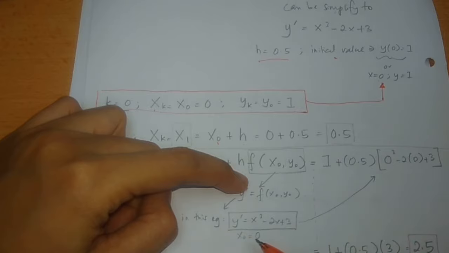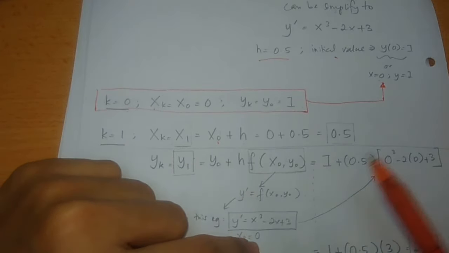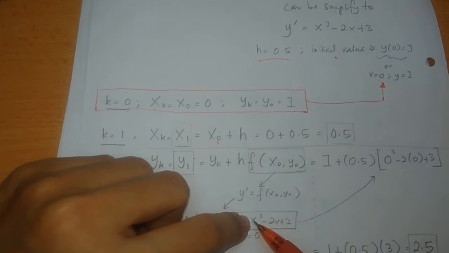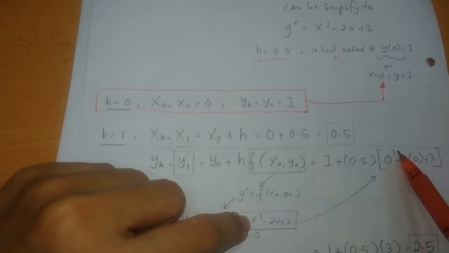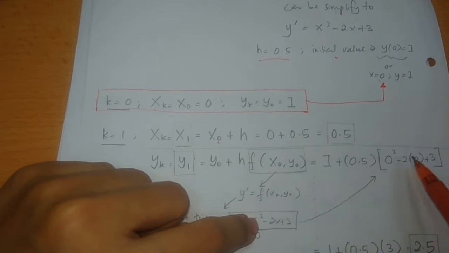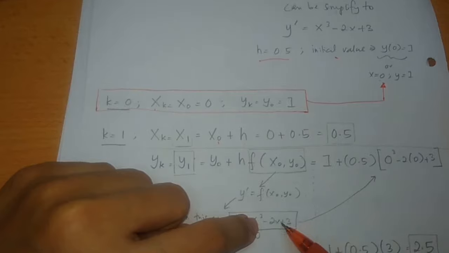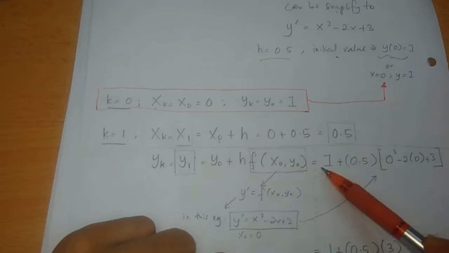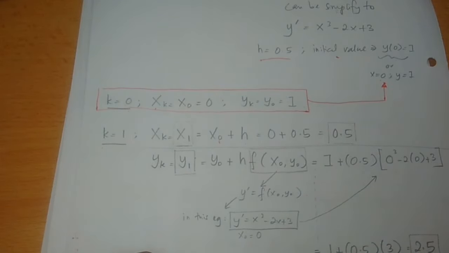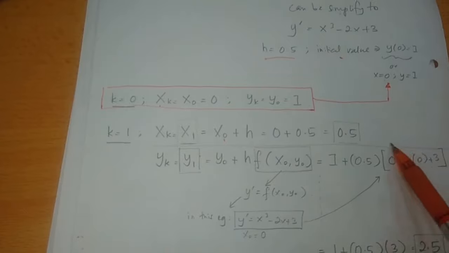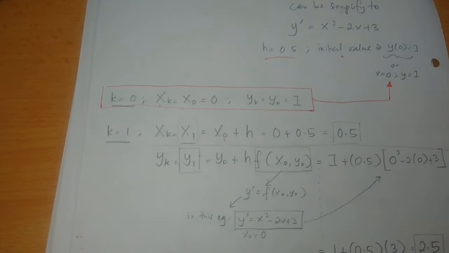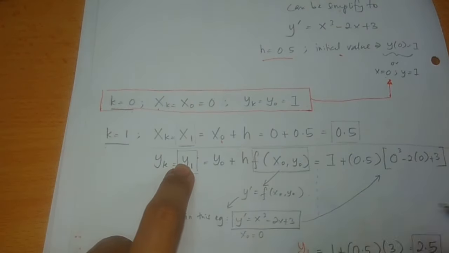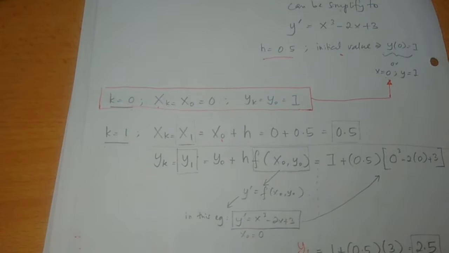Because x0 is 0, we've got x cubed, so 0 cubed, minus 2x, so minus 2 times 0, plus 3. Therefore we've got 1 plus 0.5 times this whole thing, and when you solve it, you've got 3. Therefore, the value of y1 is 2.5.